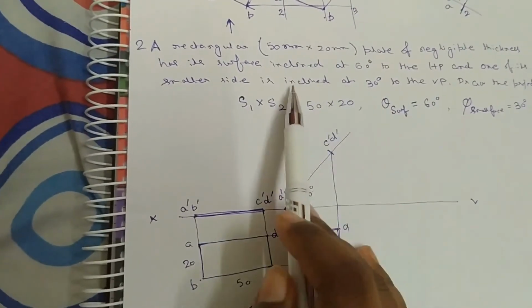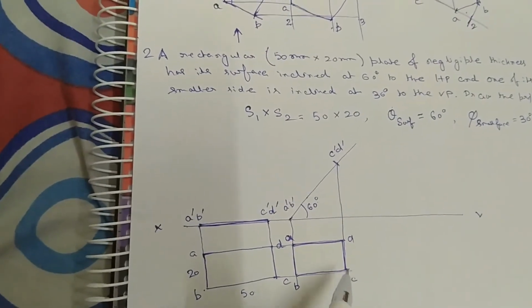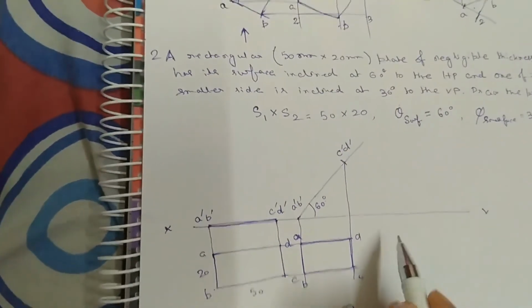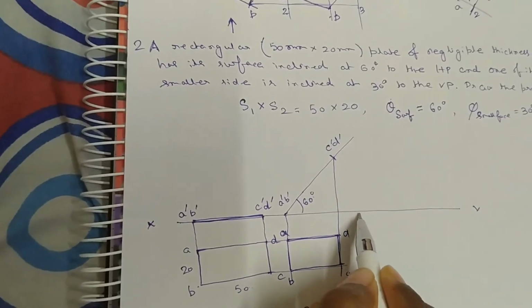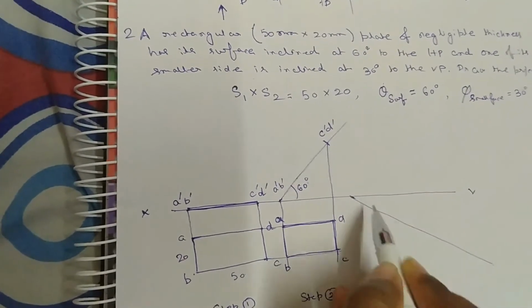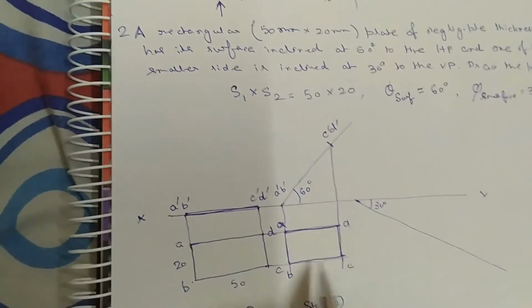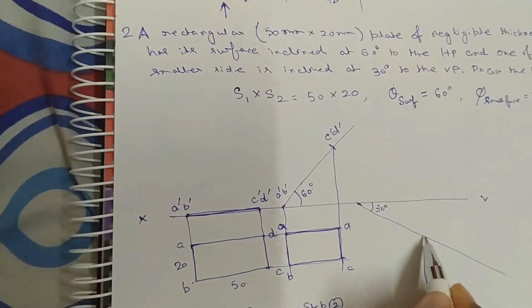Now we are going to do the edge inclination. The smaller side will be inclined at 30 degree. Obviously we are going to see it on our top view. So we are going to make a 30 degree angle over here, and then AB will be over here.